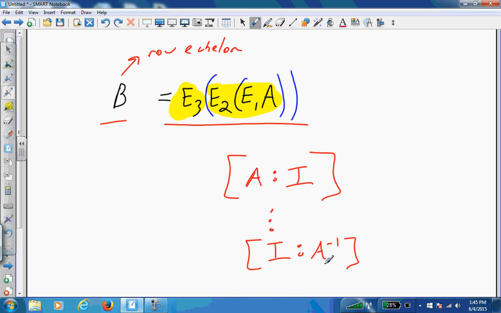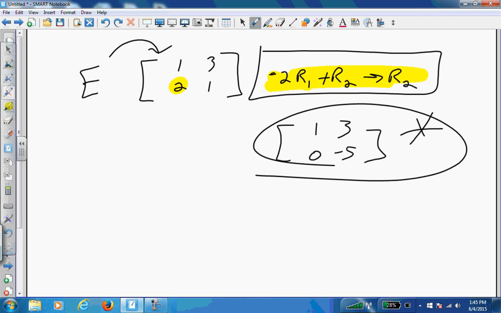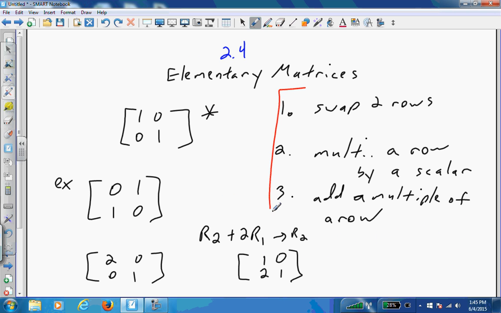Now, we discussed in section 1.2 that as long as we do one of those three steps, then the system of equations that results from doing one of these steps is said to be equivalent, or row equivalent, to our original matrix.